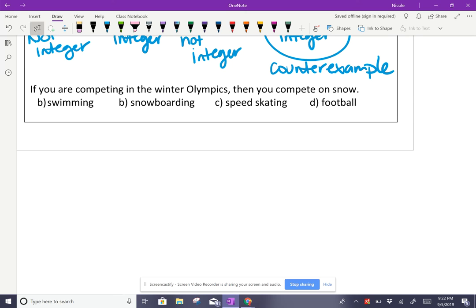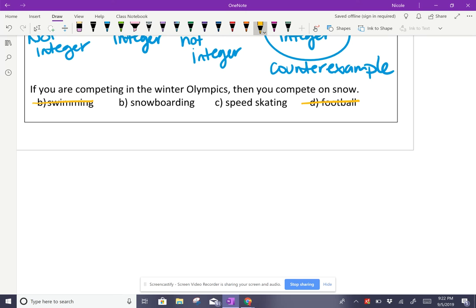First, let's eliminate what isn't in the Winter Olympics. Swimming is a summer Olympic sport, so swimming is not going to be a part of this. And football. Football is not in the Olympics at all. Not American football. Like soccer, football is in the Olympics, but American football is not. So we can cross that out. So we are left with snowboarding and speed skating.